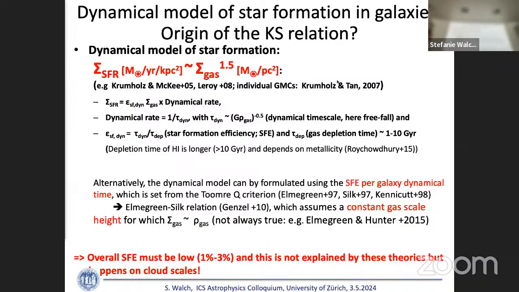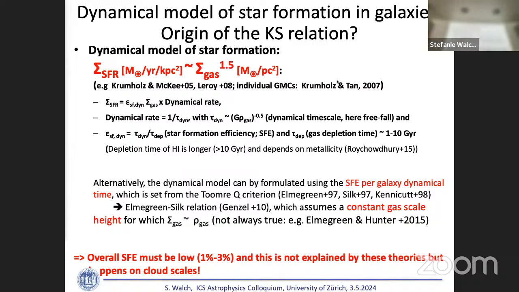So again, this is the idea that there is star formation proceeding on a dynamical time scale, which if you plug in the free fall time, then you get some density to the power of minus 0.5. So 1 over that is density to the power of 0.5. And this gives you basically this 1.5 in the slope of the Kennicutt-Schmidt relation.